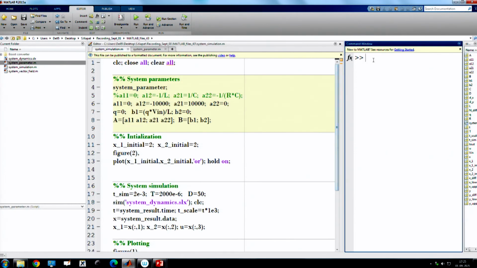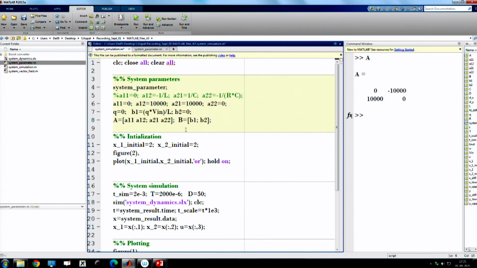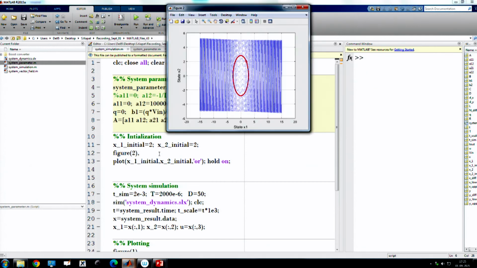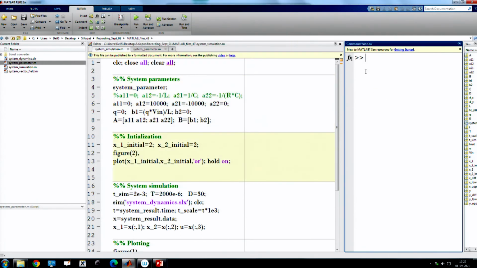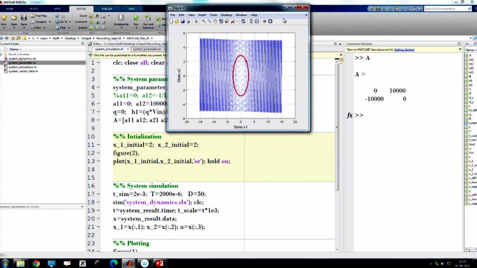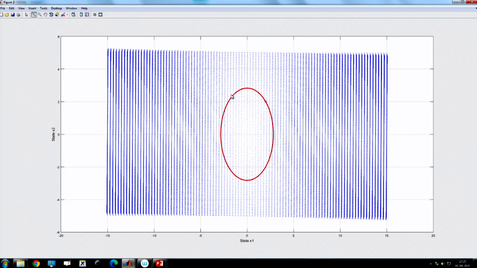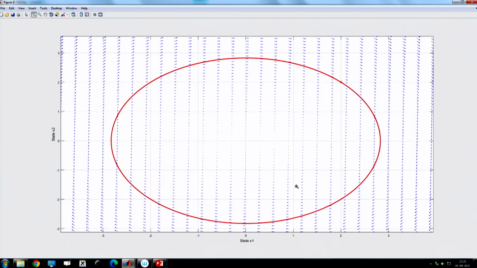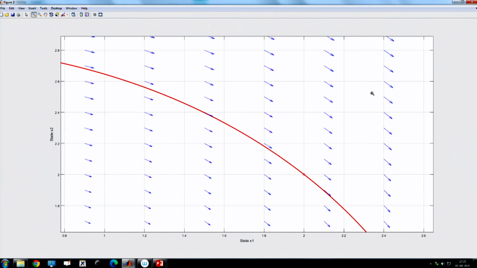If we write the A matrix here, it is minus 1 here and 0 here. If we interchange, that means we write 0 here and minus 1 here, and draw the vector field again, then the vectors are in the clockwise direction.